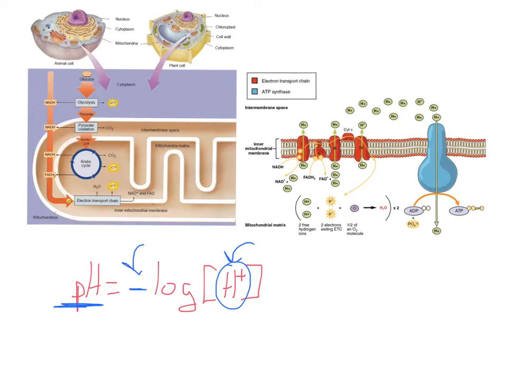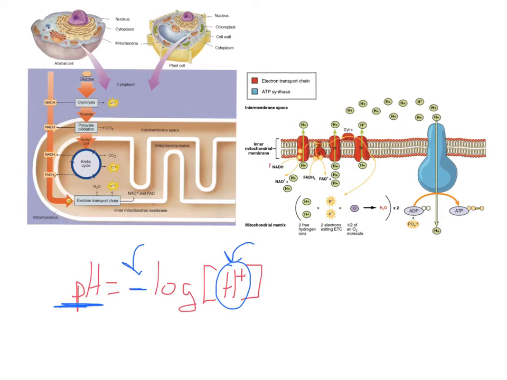So that being said, let's try to look at this electron transport chain a little more directly. And so we have this NADH and this FADH2. Where did this stuff come from?